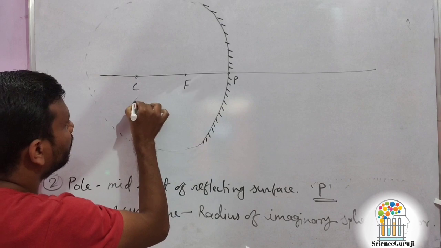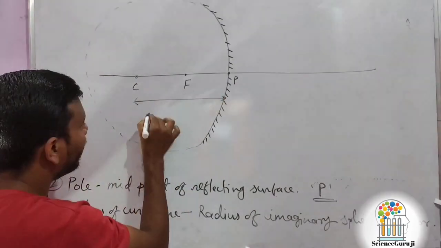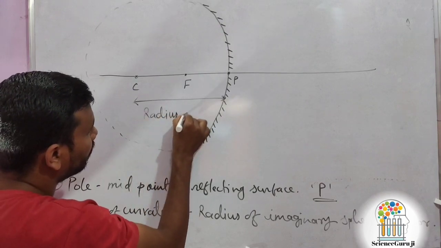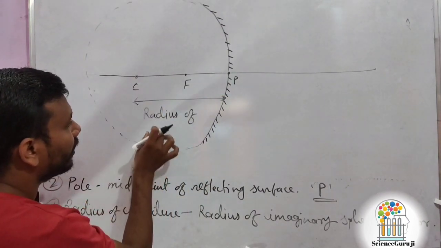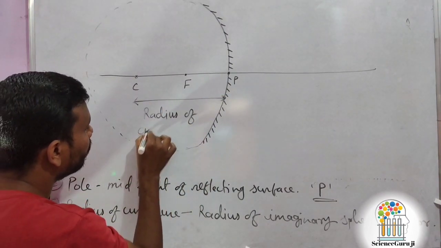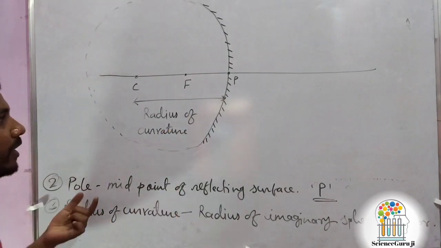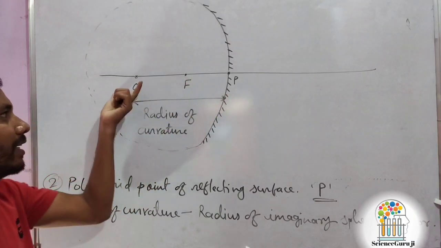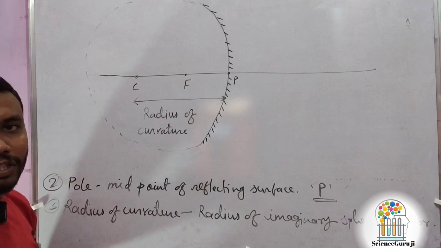For example, from here to here, from the pole to the center of curvature, is the radius of curvature. Now you got my point. The distance between the pole and the center of curvature is known as the radius of curvature.